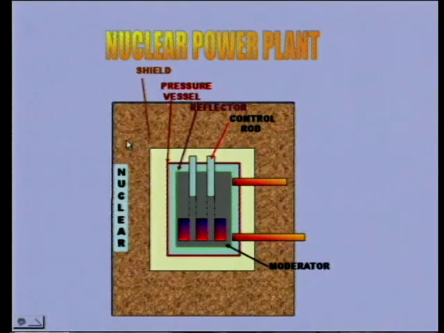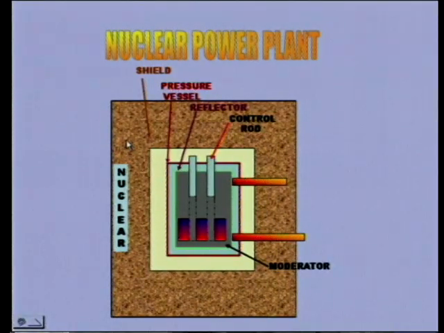The shield is a biological shielding. We know that the radiations that are generated in a nuclear reactor are harmful to human life. These radiations have to be contained in the reactor itself.